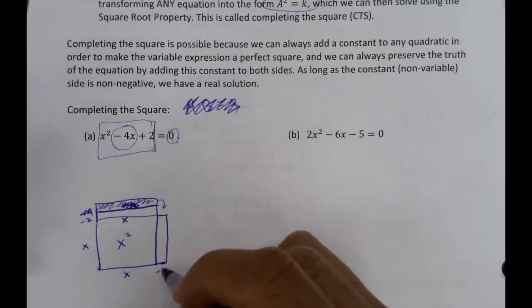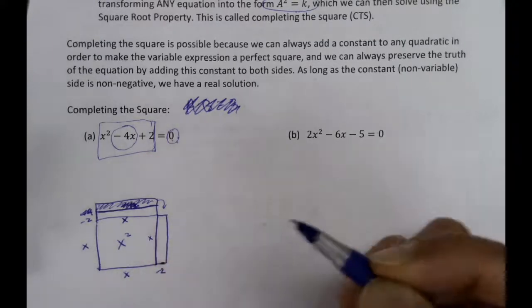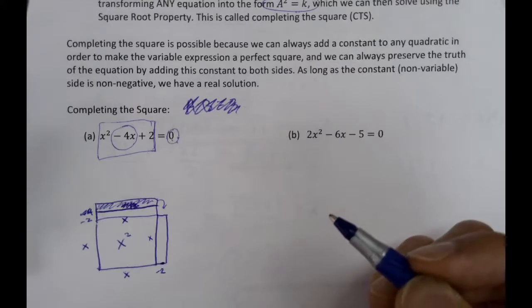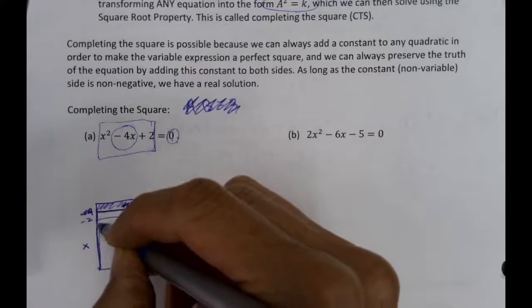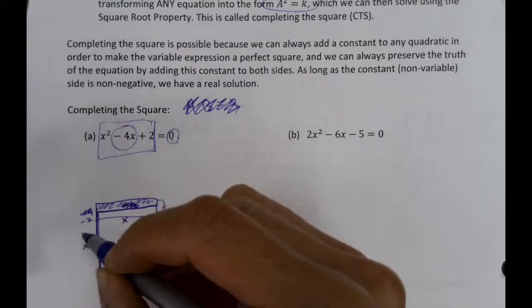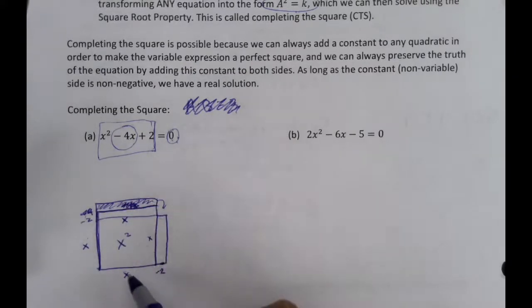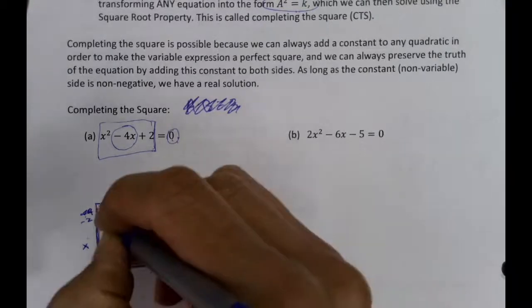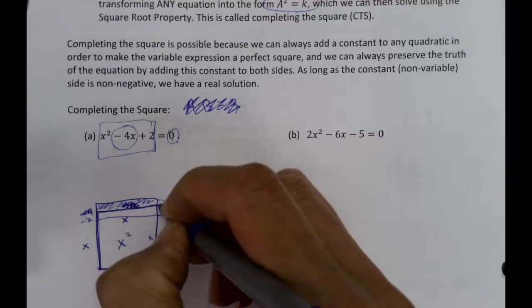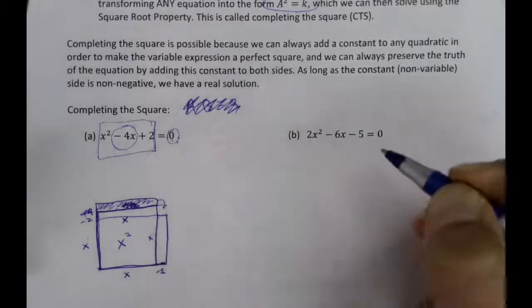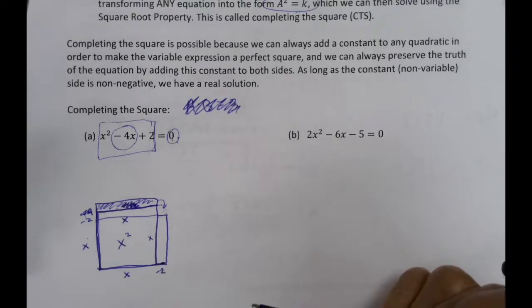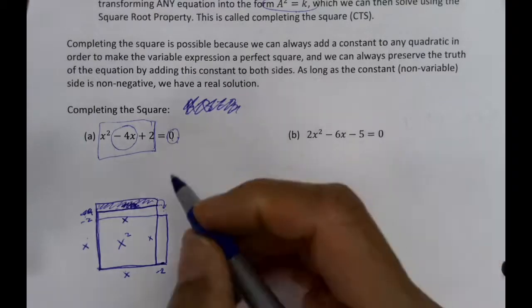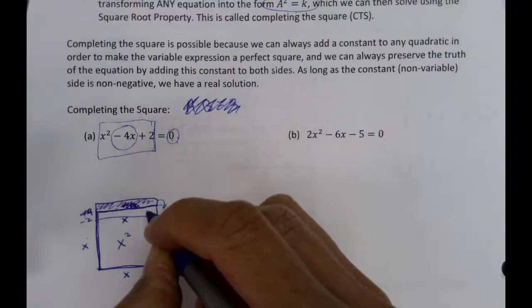Now there's my other negative 2 by x, and those add up to negative 4x. Now it's almost a square, because this side, x and negative 2, is the same as this side, x and negative 2. It would almost be a square, except, oh, look at that, I'm missing that little corner. How big is that corner? It's negative 2 by negative 2.